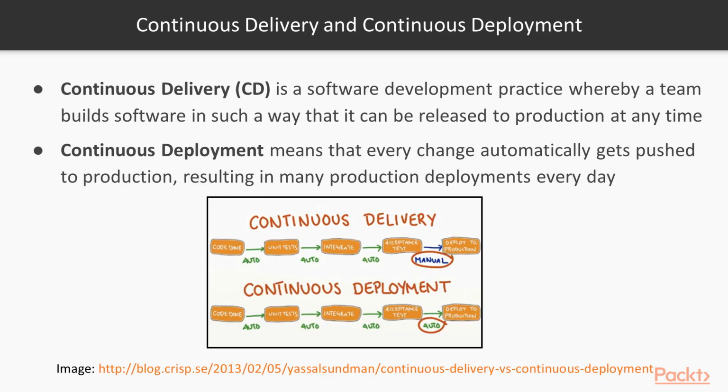Now, let's move to CD. This acronym is usually assigned to continuous delivery, but can also be used to define continuous deployment, which is, as we will see very soon, an extension of continuous delivery. By continuous delivery, we define a software development practice whereby a team builds a software in such a way that it can be released to production at any time.